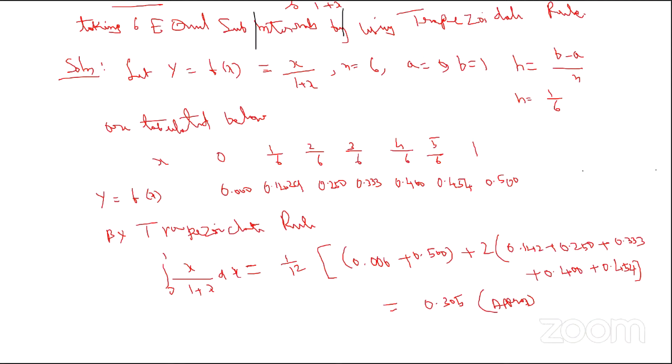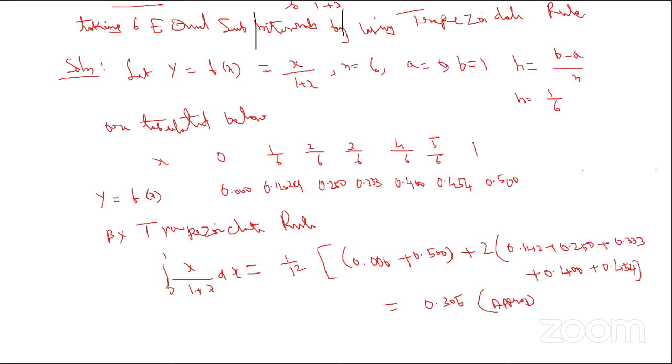Today what we discussed: Newton's quadrature formula, that derivation is section C, 20 marks is possible. Next, the trapezoidal rule, which we derived from Newton's quadrature formula, and we did one problem.